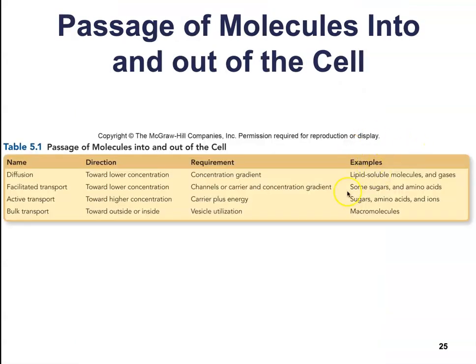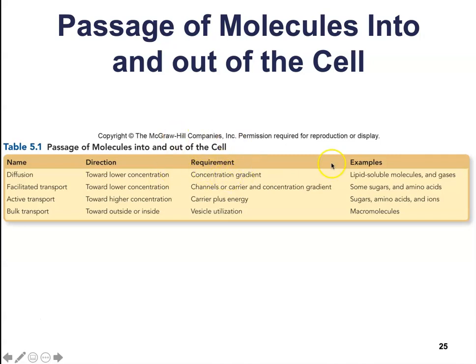This table summarizes what we just said and some of the things we're going to talk about a little more. For diffusion, the direction it moves is toward lower concentration. When we talk about diffusion, it's molecules moving from high concentration to low, or along their concentration gradient.